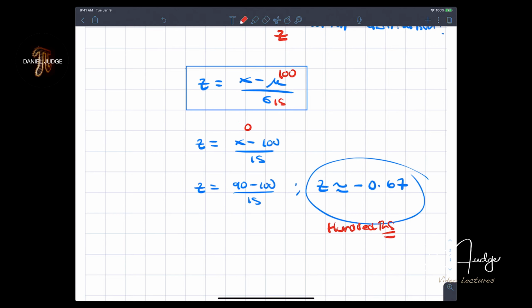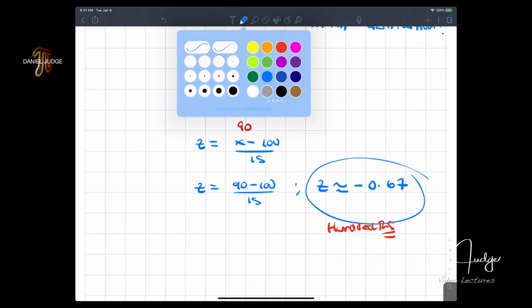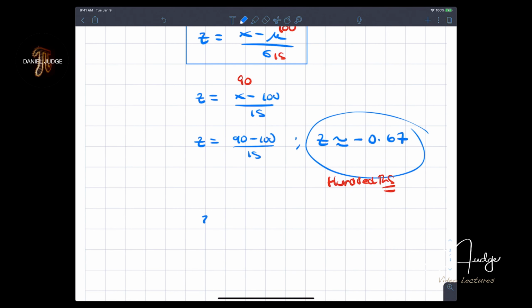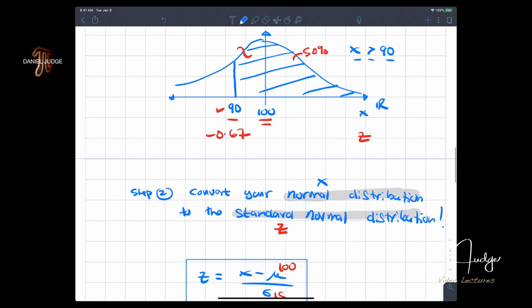Well, let's keep that just in case. And you plug this in. Z is 100 minus 100 over 15. So this is going to be 0. So z is 0. So the mean becomes 0. Does that make some sense? Let's think. Let's think about this.